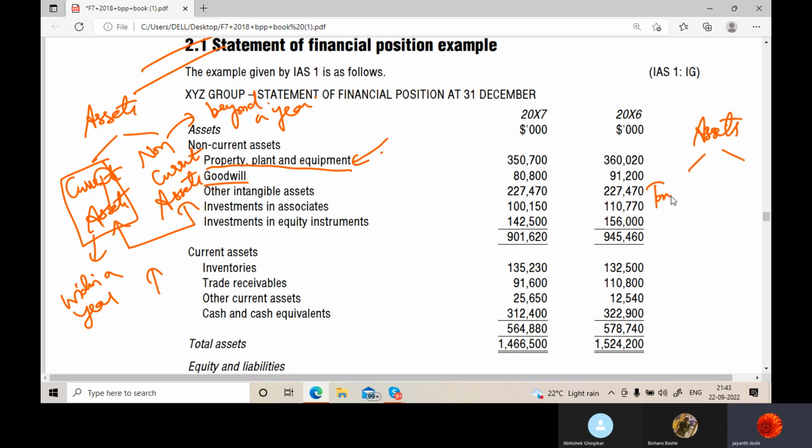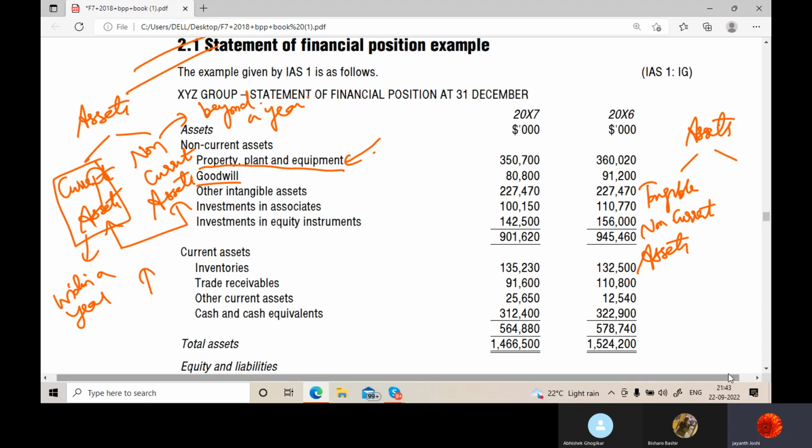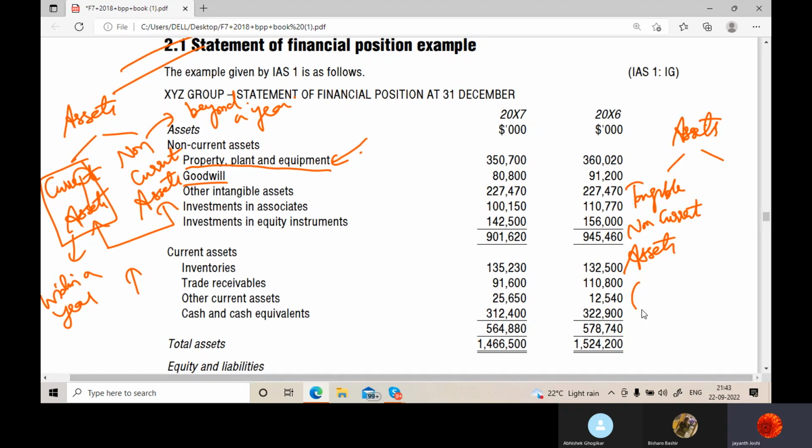That is, tangible non-current assets. You know what is tangible? Tangible is nothing but it has physical substance. That means you can see that asset, you can touch it, you can feel it. It exists physically. It has physical substance.